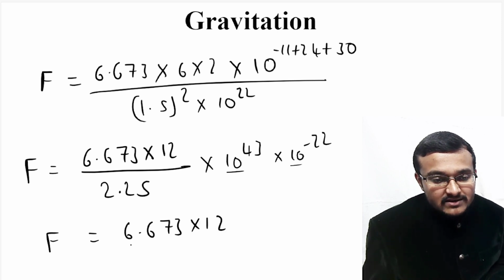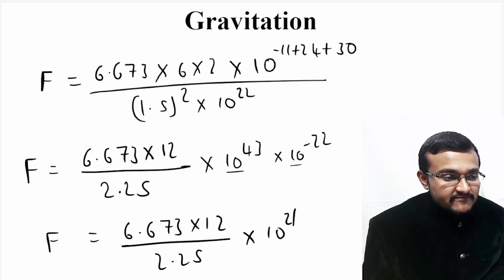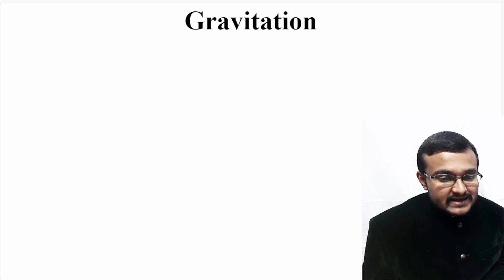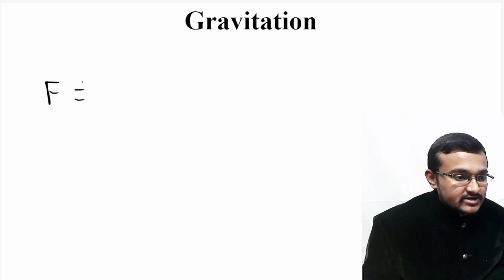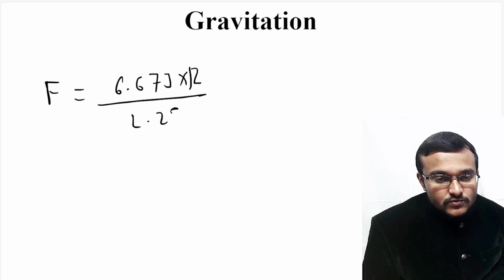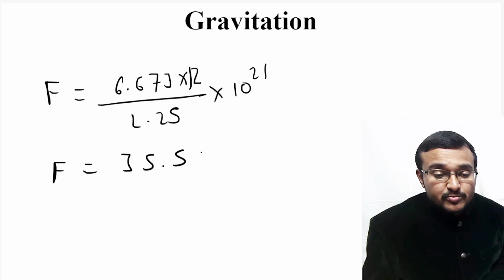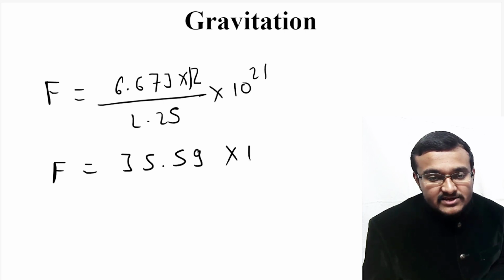So 6.673 into 12 divided by 2.25 into 10 power 21. Now if you calculate this, F is equal to 35.59 into 10 power 21 Newton.